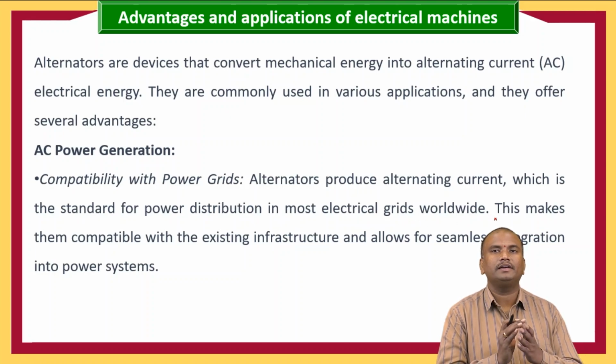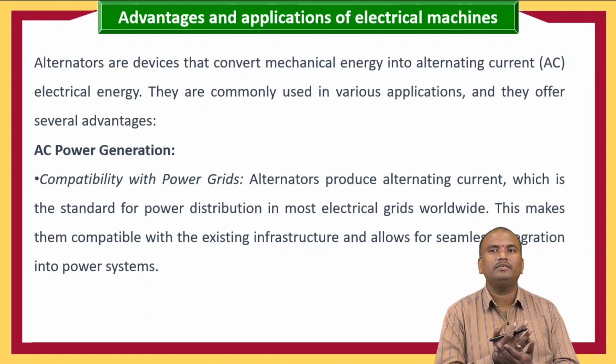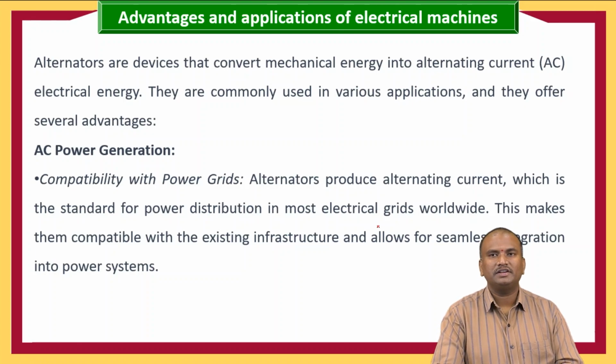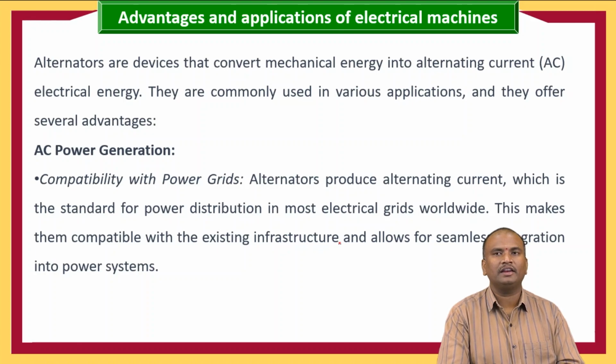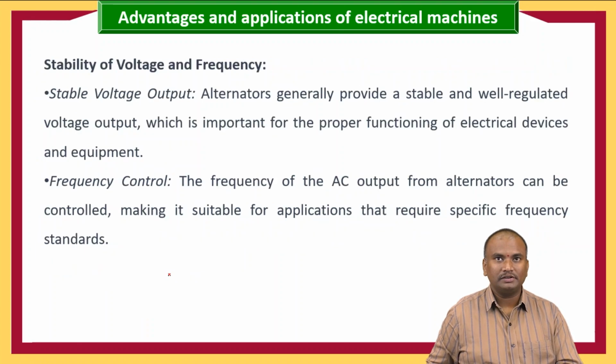That is, alternators are the major devices which produce the electrical power which is connected with the electrical grids throughout the world. This makes them compatible with the existing infrastructures and allows for seamless integration into power systems.